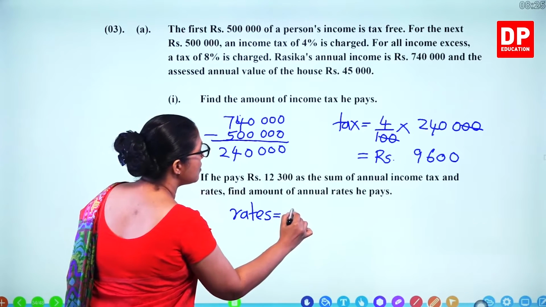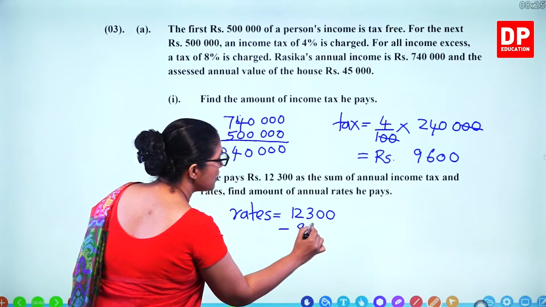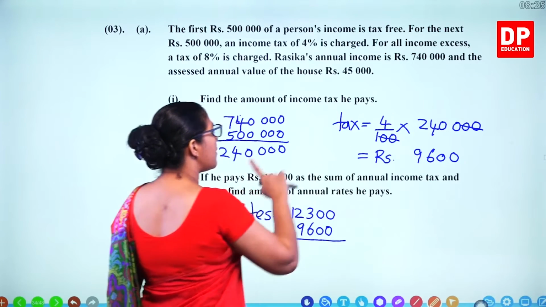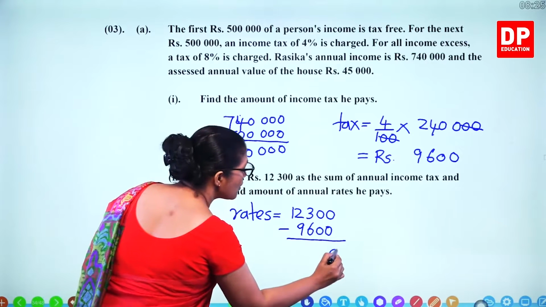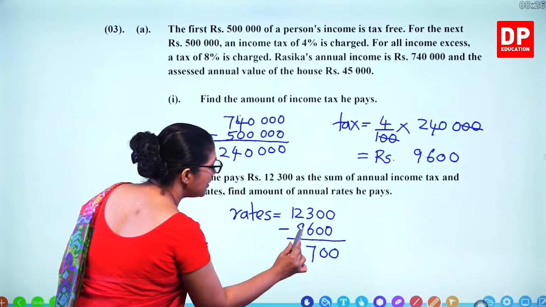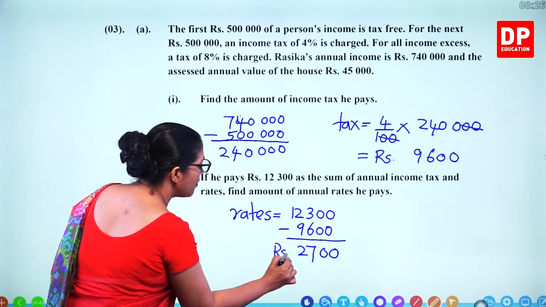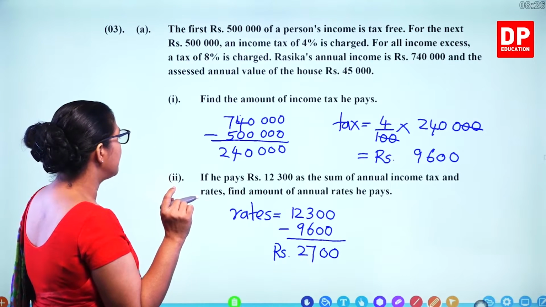Rates is 12,300 minus 9,600 because the total for this and the rates is equal to 12,300. So, when you subtract, you get 2,700 rupees is the annual rates he pays.